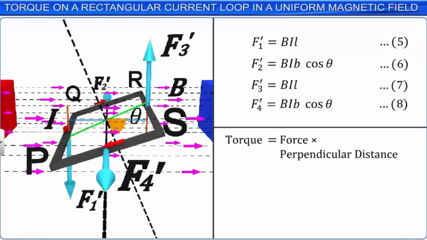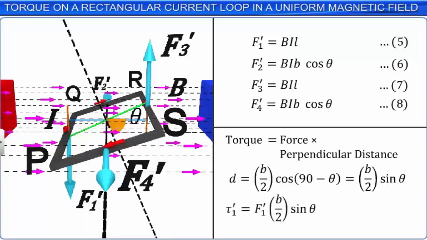As the angle between the area vector and the magnetic field is theta, from the geometry of the figure, the perpendicular distance D between the force F1' and the axis is equal to b/2 cos(90 - theta), which is equal to b/2 sin theta. Thus, the torque T1' on the loop due to F1' is equal to F1' b/2 sin theta.